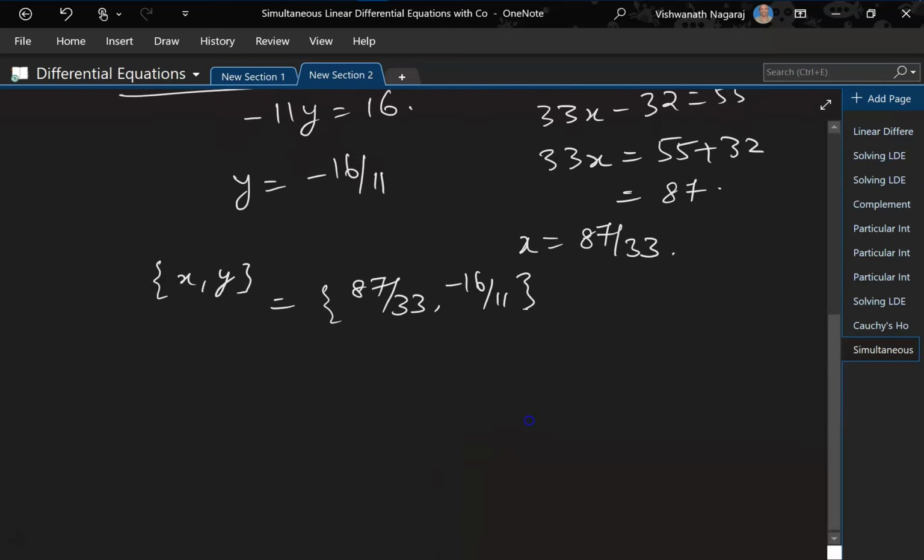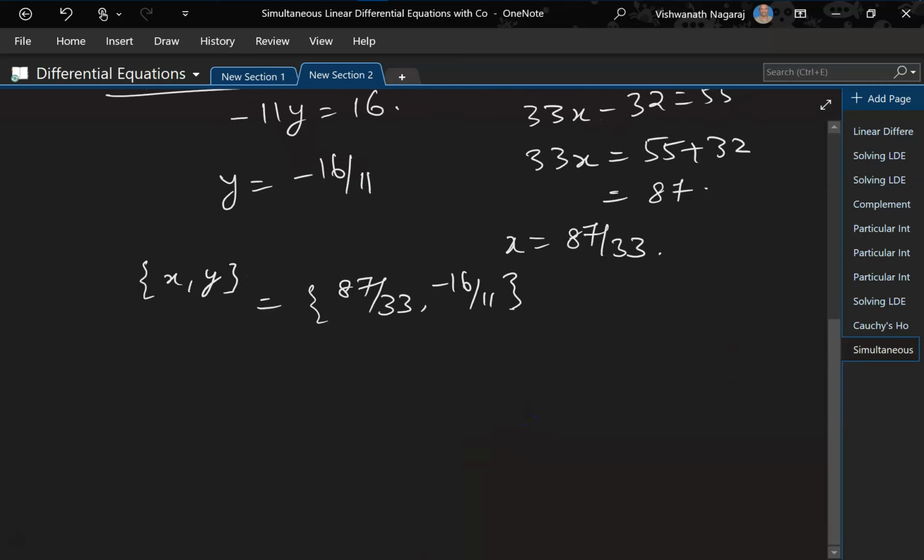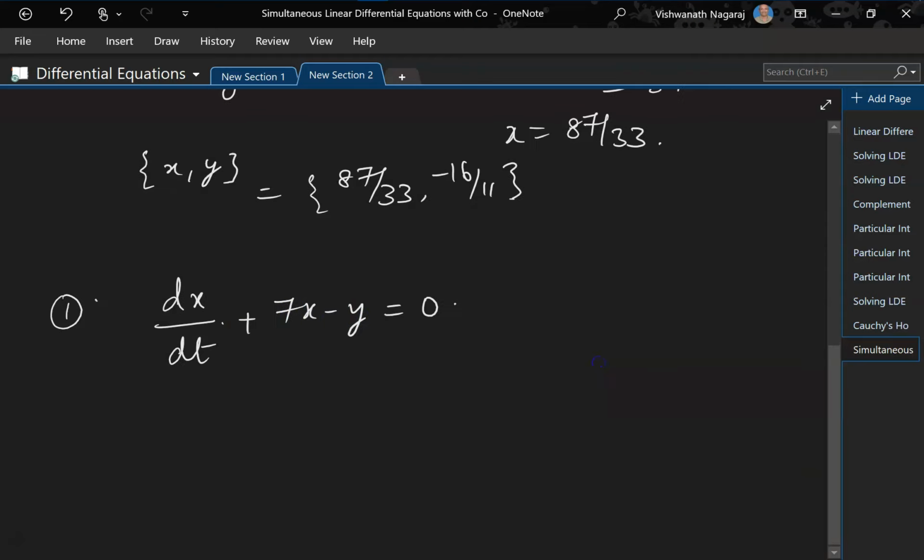Okay, so something similar to that with respect to differential equations. Let's actually see how to do that. Let's say x and y are functions of t. So dx by dt plus 7x minus y is equal to 0. This is one equation.